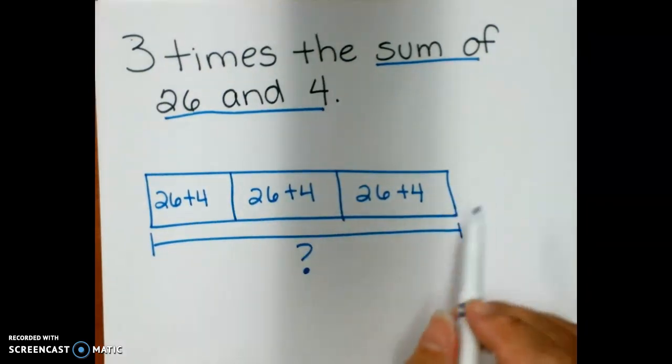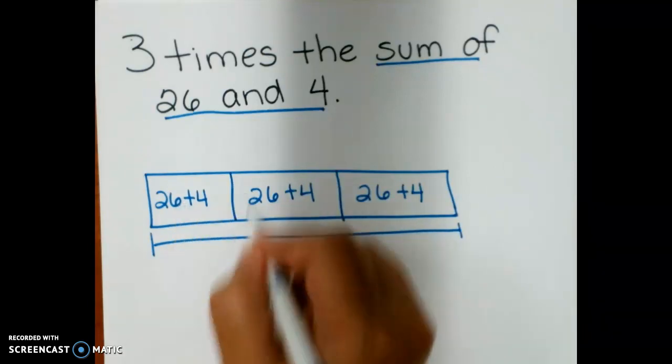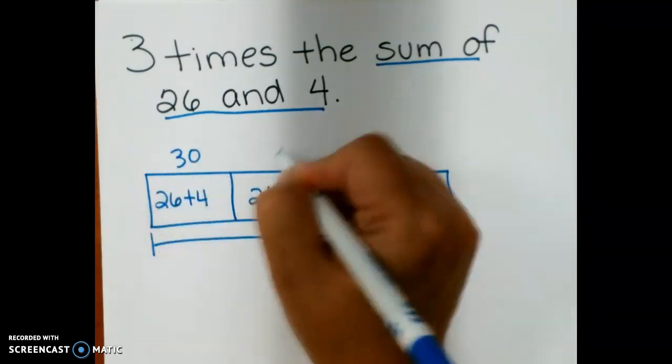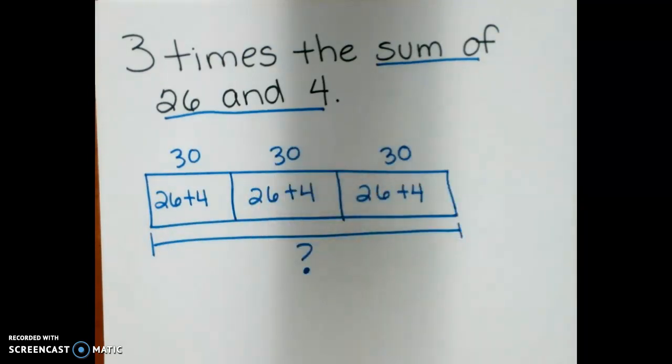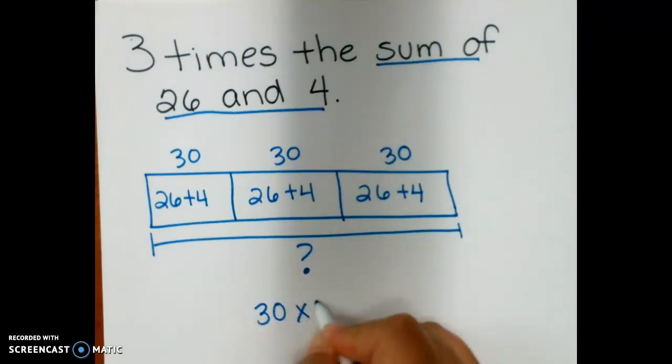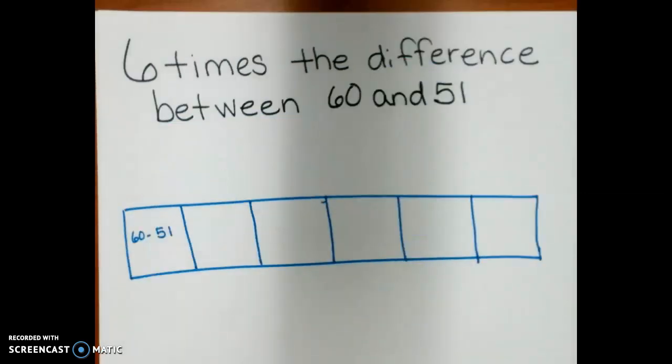And if I evaluate that or solve it, 26 plus 4 is 30. So I have 30, 3 times. 30 times 3 equals 90. Super easy.